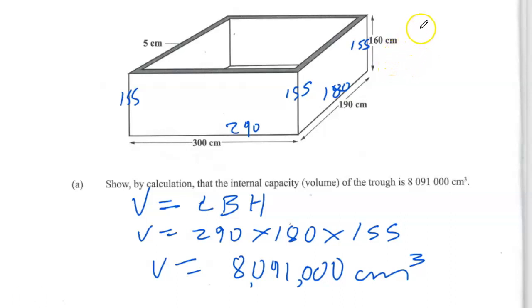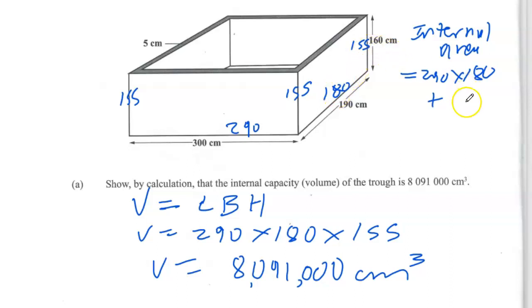So the internal surface area: for the base it is 290 times 180, plus this side will be 180 times 155, but this opposite is also the same, so it's 2 times 180 times 155, since the opposite side would have the same area. And then this side, of course, will be 290 times 155.